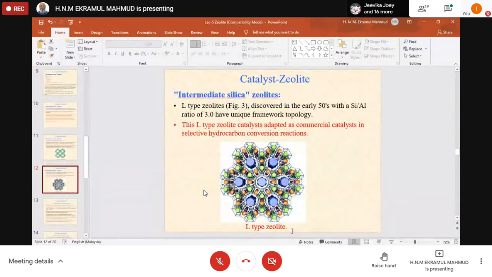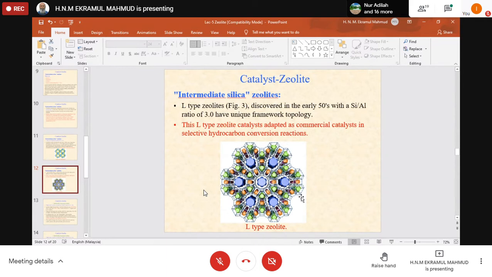So this one is L-type zeolite. Is that intermediate silica zeolites. So L-type discovered in the early 50s with a silicon aluminum ratio of 3.0 have unique framework topology.